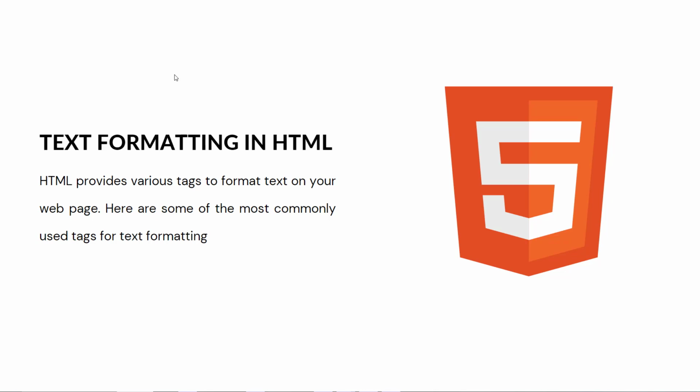You have to represent each and every style of this text, right? So if you want to represent each and every style of the text, then you need text formatting in HTML. So in this video, we are going to learn some of the important tags that we can use to format our text in HTML.